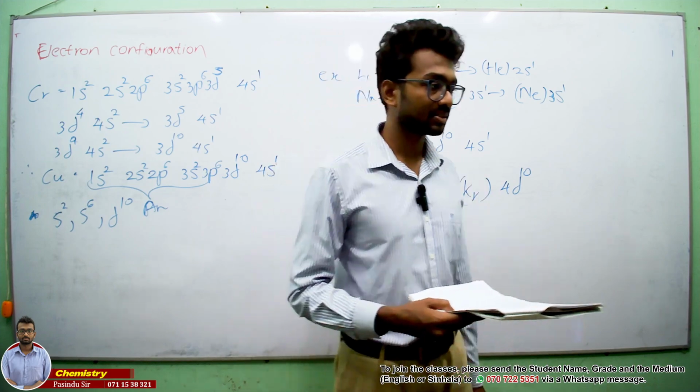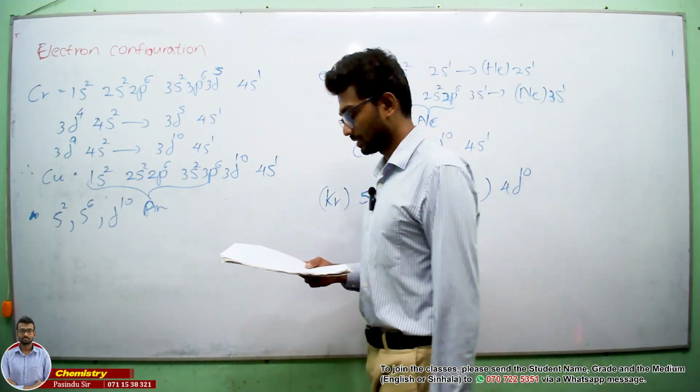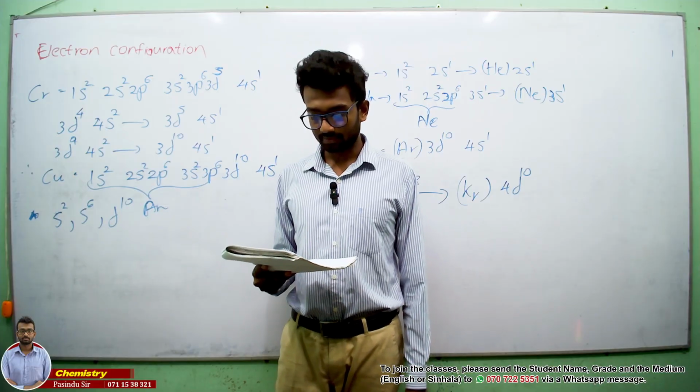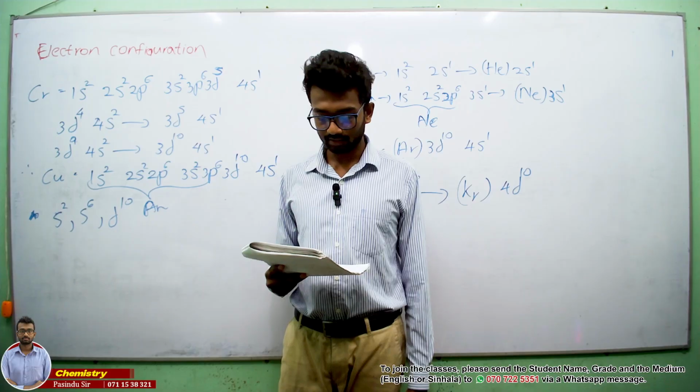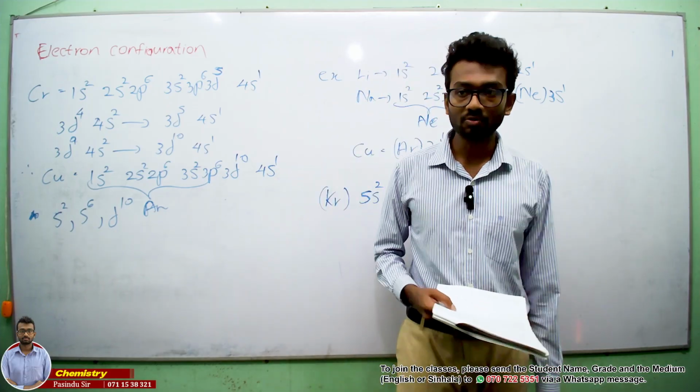That means 5s electrons are not present. This is a deviation of the Aufbau principle.